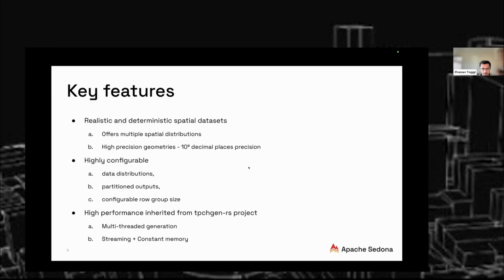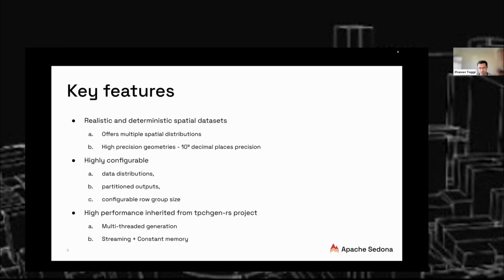Other notable features are that the SpatialBench data generator offers a lot of different spatial distributions for those spatial tables, and we'll get into those in later slides. But it also offers super precise geometries.